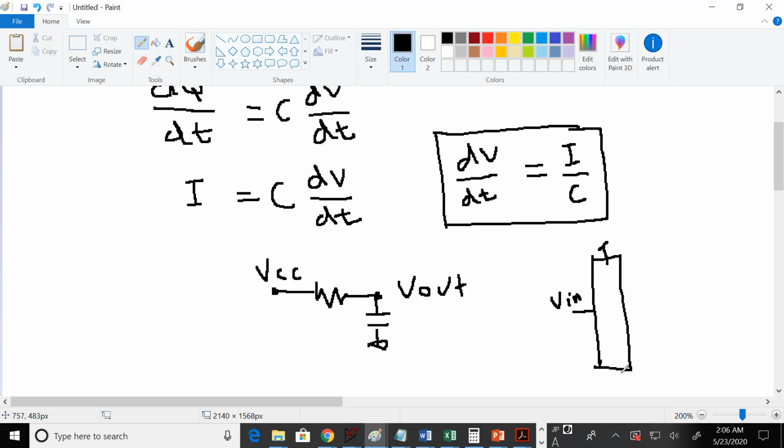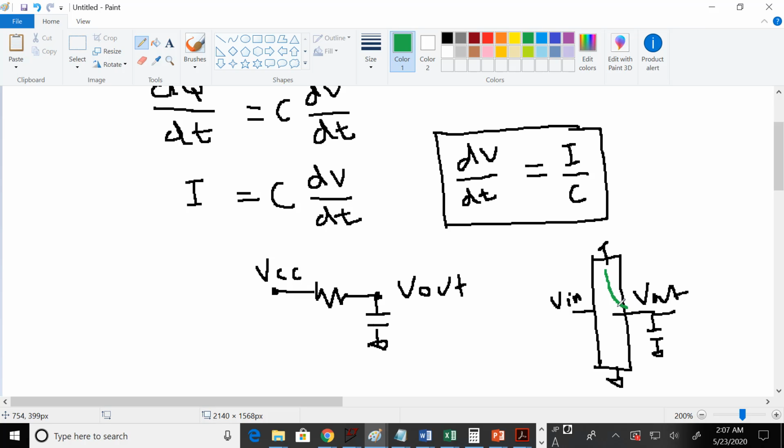You have the supply, you have the ground, and then you have V out that has some capacitance on it. And that capacitance is either getting charged up, if V in is telling the top half to conduct, then V out's getting charged up.